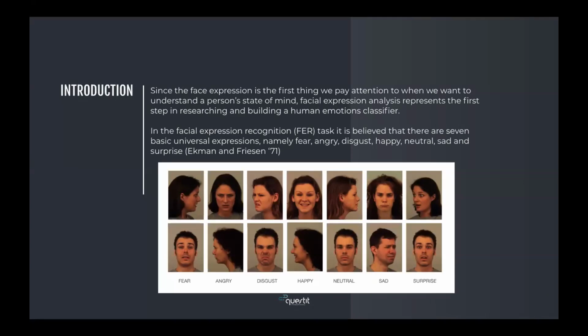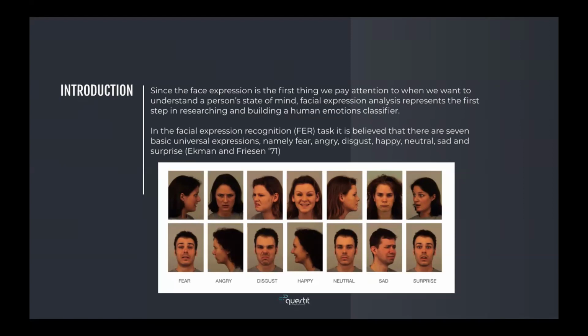Since facial expression is the first thing we pay attention to when we want to understand a person's state of mind, facial expression analysis represents the first step in researching and building a human emotion classifier.